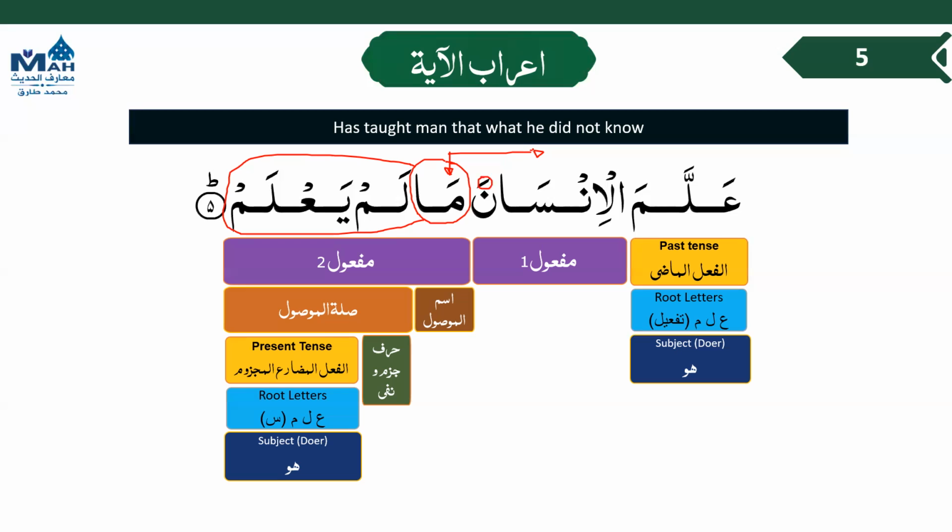Until this ayah 5, just think what Allah subhanahu wa ta'ala actually did. Can someone tell me what Allah subhanahu wa ta'ala told us in these 5 ayats? Or what is the purpose of these 5 ayats? That He created man and He taught everything.